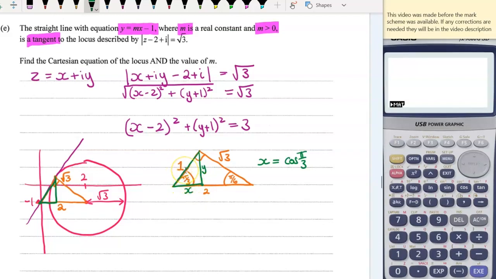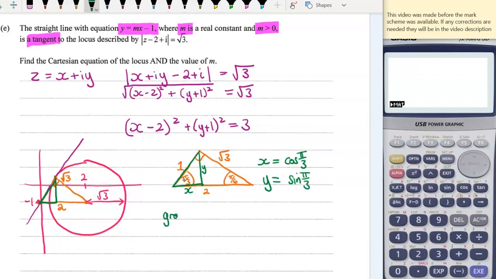So we've got cos π/3 times 1. The y is opposite of π/3, and sine times the hypotenuse will give me the opposite. So this is sine of π/3 times 1.